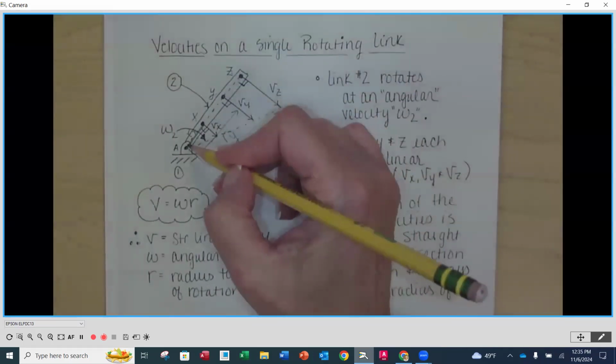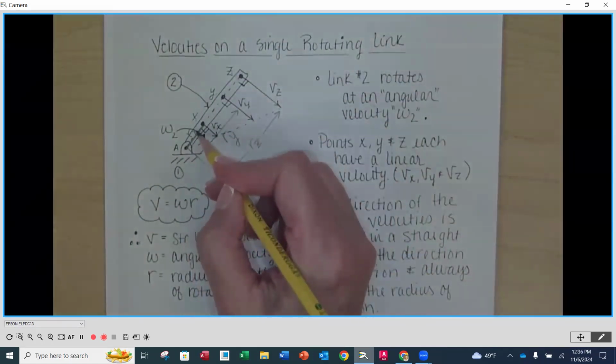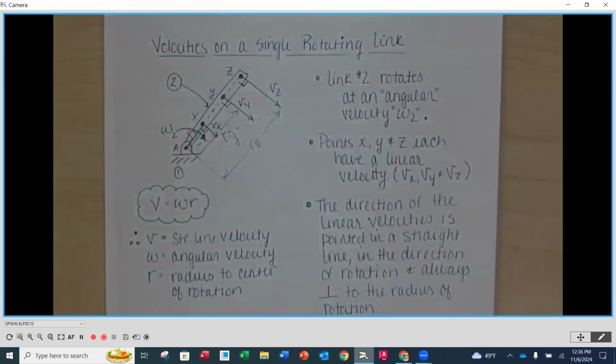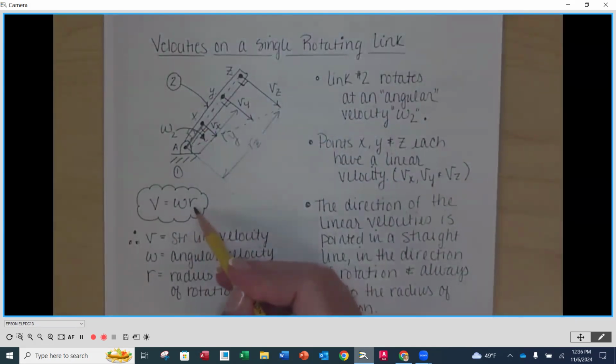I'm also going 20 revolutions per minute here and here and here. So the W remains the same as we rotate for anything along that length. The difference is the radius, or the lowercase r. That radius changes depending on where my location is in relationship to the center of rotation.